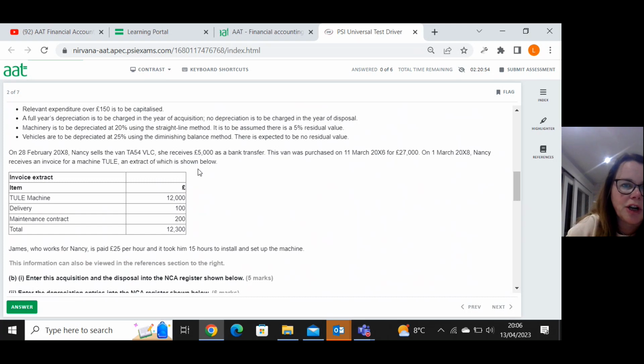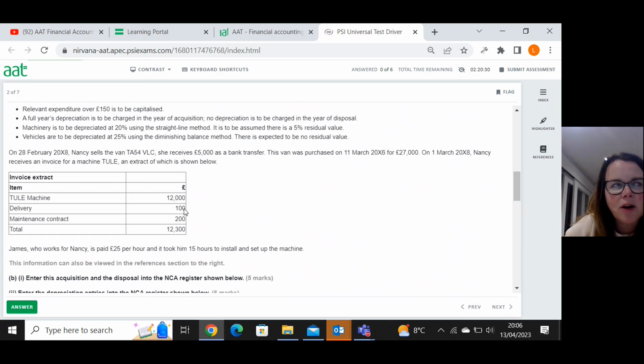An extract is shown below. So we've got the machine itself for £12,000. Incidentally, it says up here, relevant expenditure over 150 is to be capitalised. So that means that we treat it as an asset. So £12,000 for the machine itself.